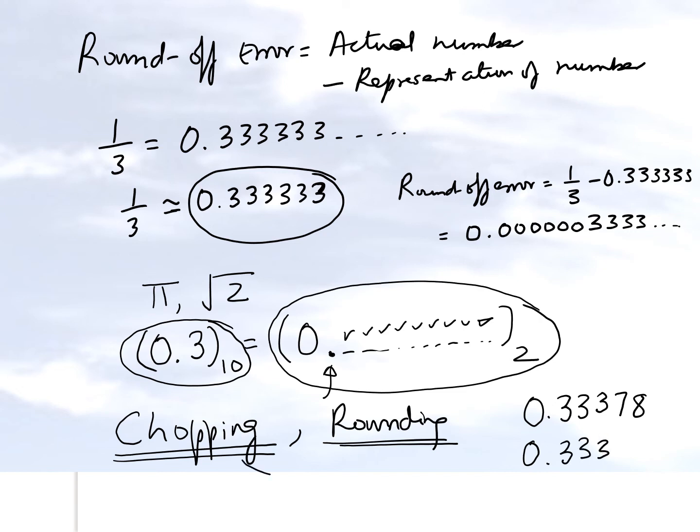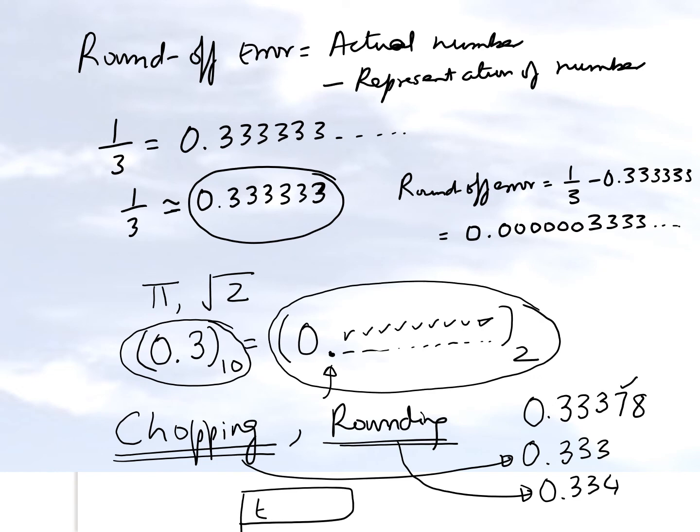That is chopping. If somebody says go ahead and use rounding, you will say 0.334 because this digit here is 5 or more. So there's a difference between chopping and rounding, but the error caused by chopping or rounding is still called the round-off error. And that's the end of this segment.